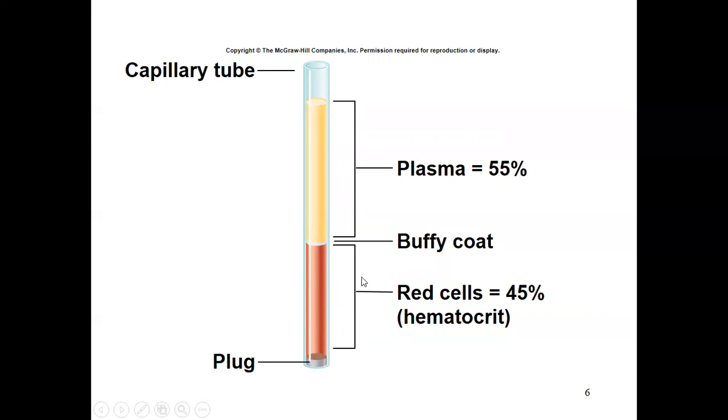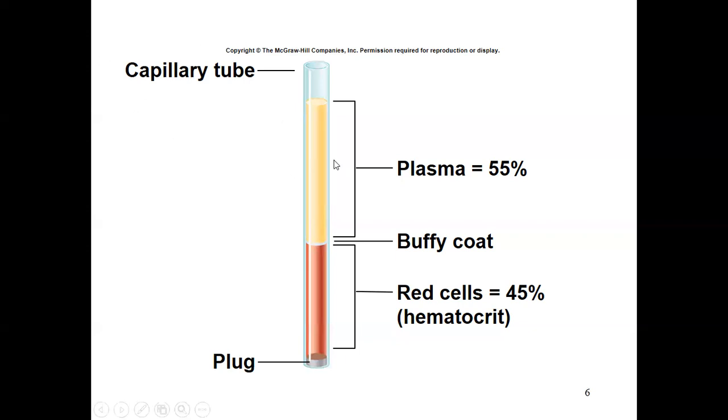This separation happens naturally in gravity. It's just that with the centrifuge, it goes faster, but with the capillary tube, they just sit it on the side and let gravity move every piece of blood to where it needs to go, and that's how you get this separation.